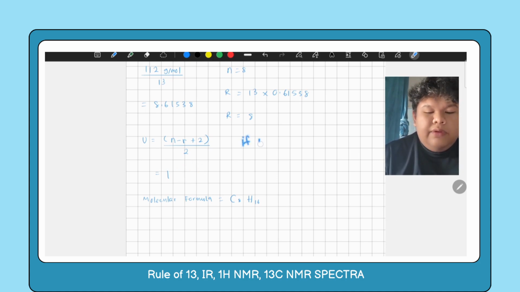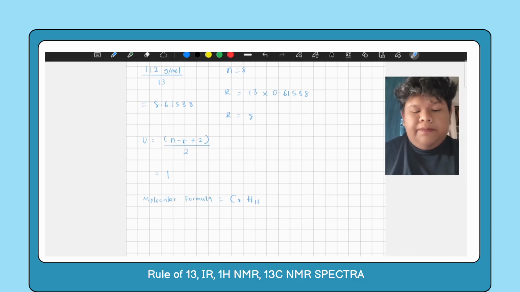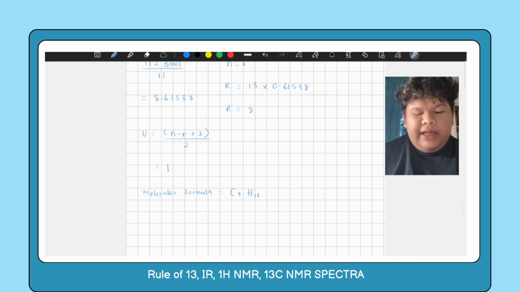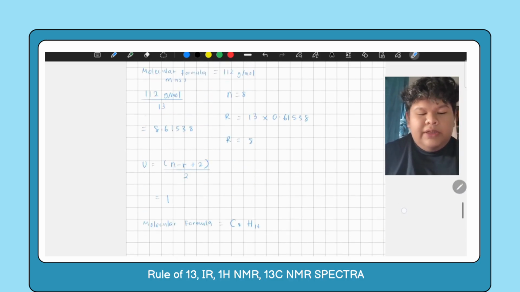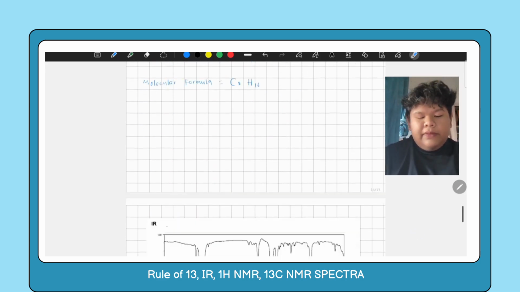If U equals 1, the structure will have either one double bond or one ring. From that we can also conclude that we have 8 carbons and 16 hydrogens. So that is for the rule of 13.